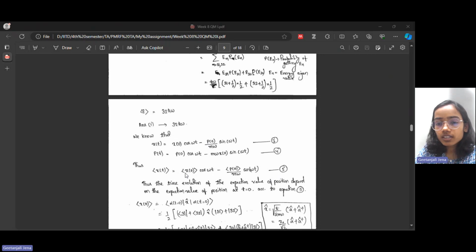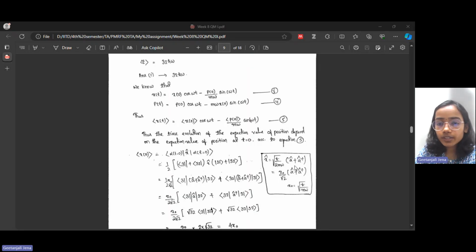So the x expression, you know, is the root of ħ by 2mω times (a plus a dagger).